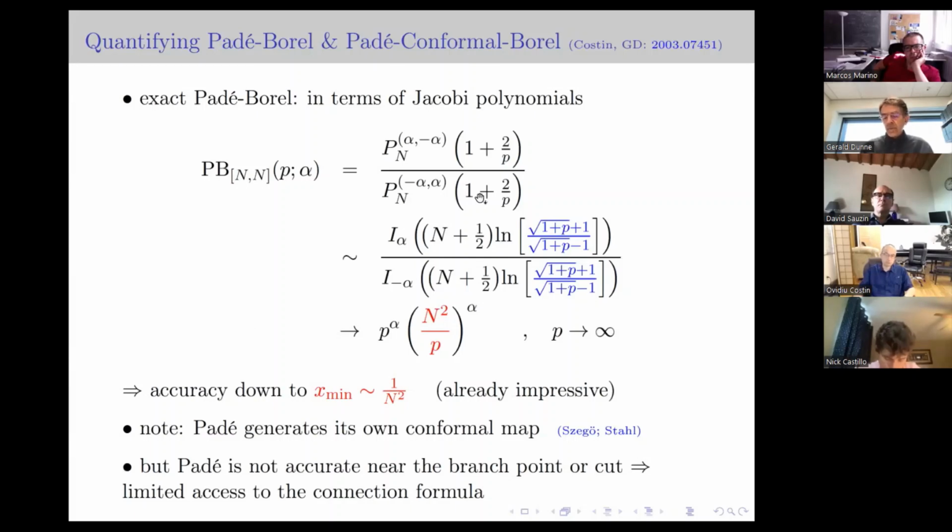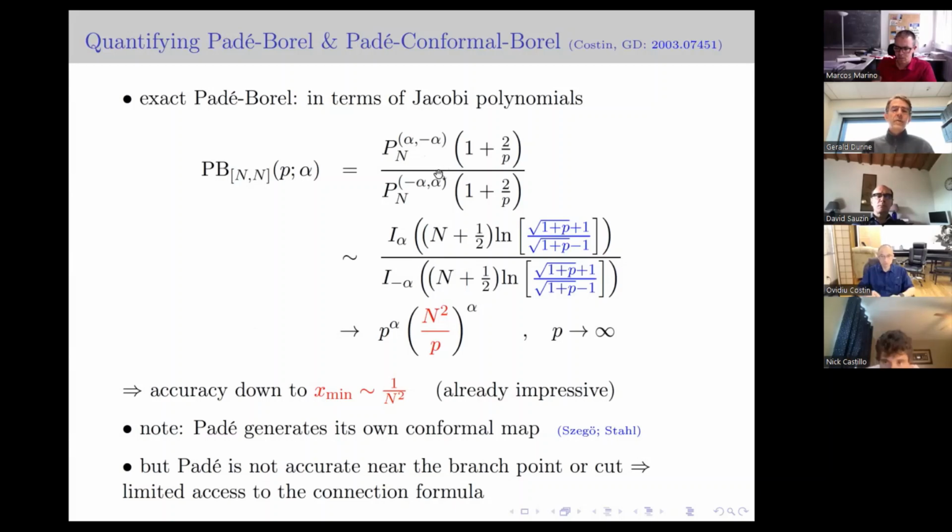Recall that in Padé, the polynomials in the numerator and denominator satisfy a three-term recursion relation. So you immediately learn that orthogonal polynomials are going to play a big role in studying the asymptotics of Padé in general. So for this function, they're actually Jacobi polynomials.